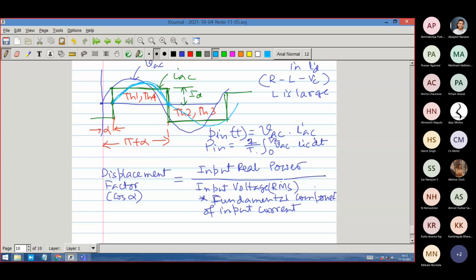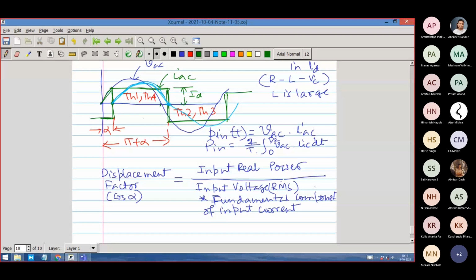Sir, for calculating input real power, why did you integrate for only half of the period? Is it not the same for the next half? You see that input voltage is reversing and current is also reversing. In this first portion, the voltage is positive and the current is negative.